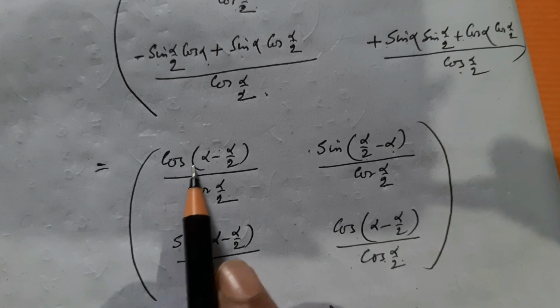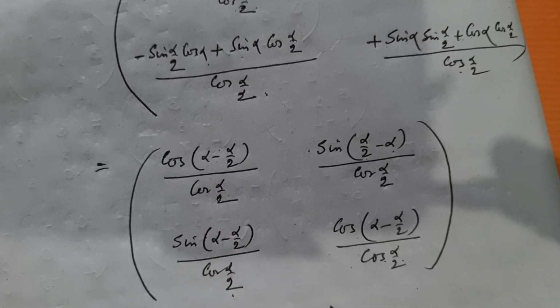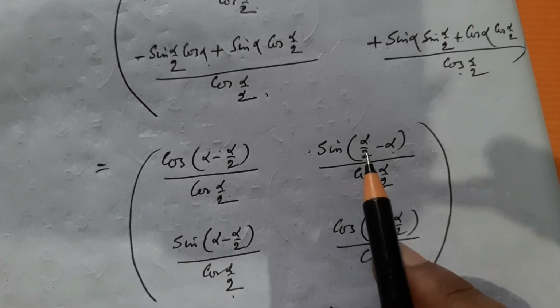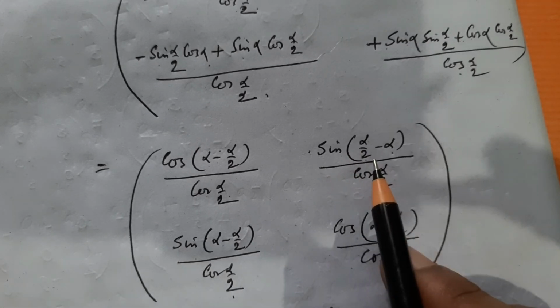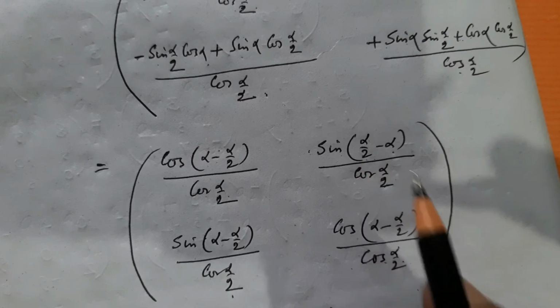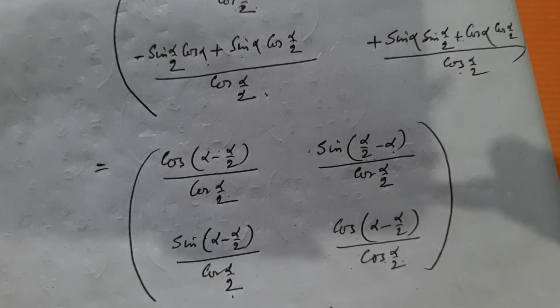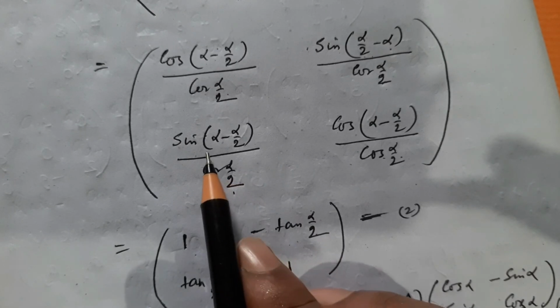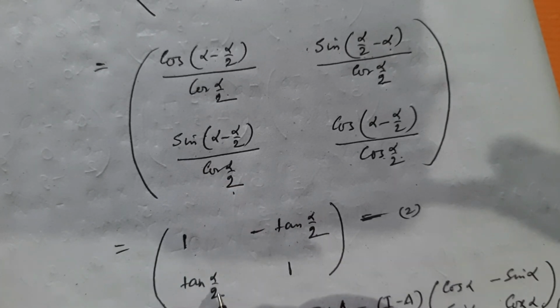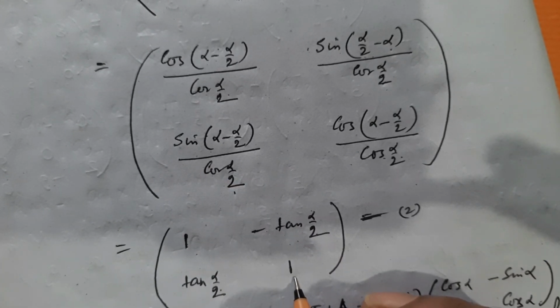So ultimately we get cos alpha by 2 by cos alpha by 2, that is equal to 1; sin of minus alpha by 2, that is equal to minus sin alpha by 2 by cos alpha by 2, that is equal to minus tan alpha by 2. Similarly, sin alpha by 2 by cos alpha by 2, that is tan alpha by 2, and the last entry is equal to 1.